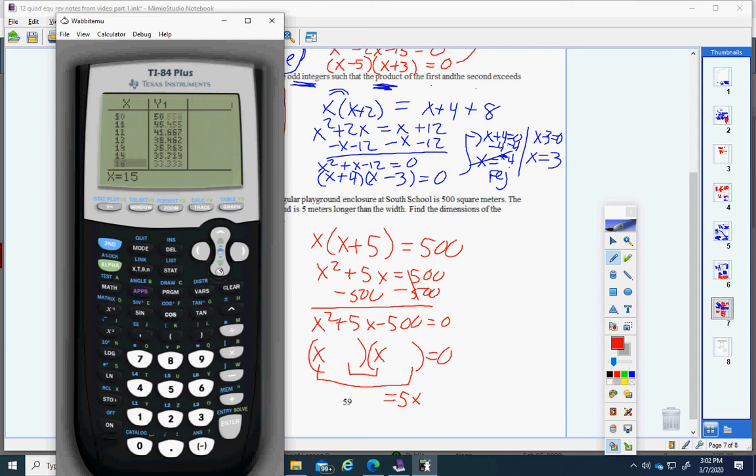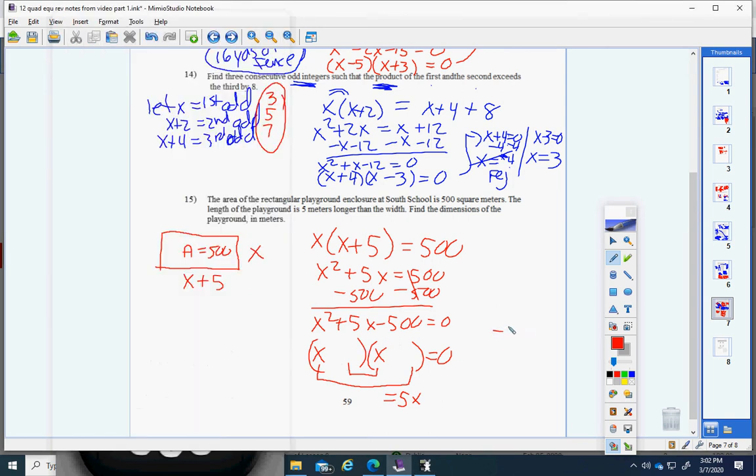I don't always just try the first thing I see. I look through them. Oh, I see it. A 20 and a 25. Things that multiply to be negative 500. 20 and 25. If this one was positive and this one was negative, that should work. Let's see. Outers are a 25x. Inners are a negative 20x combined to be a 5x. I'm confident. So now I set each factor equal to 0.